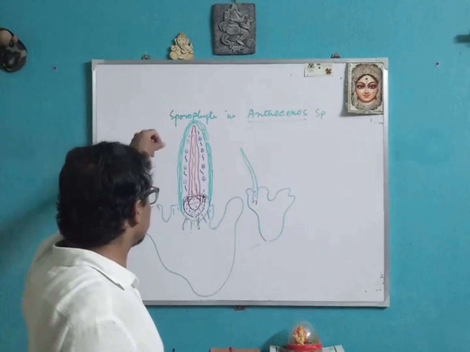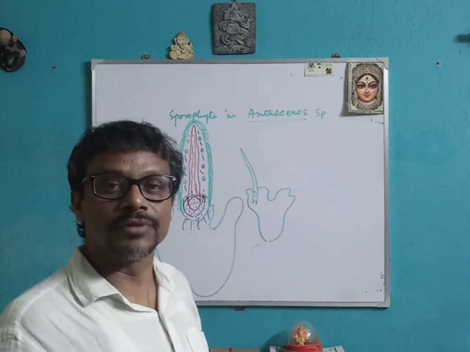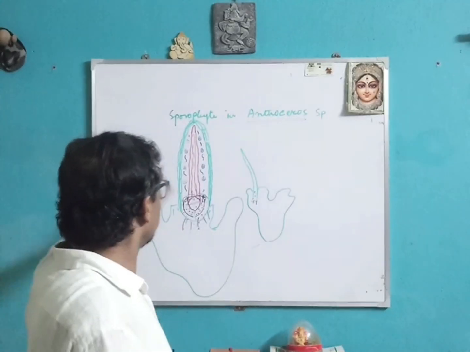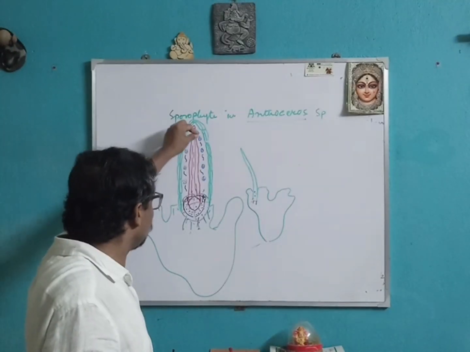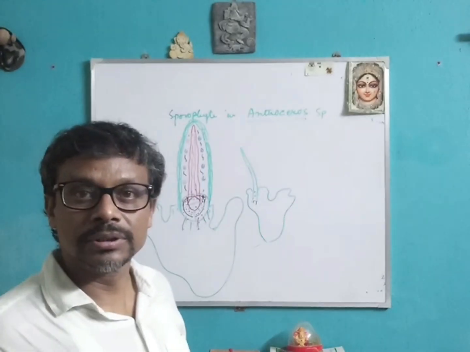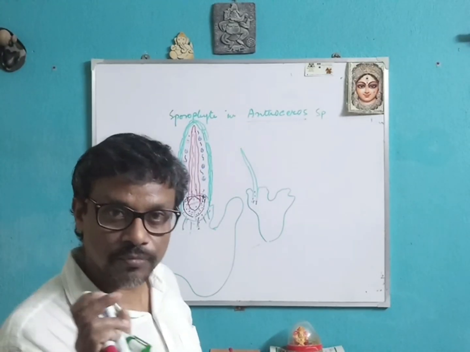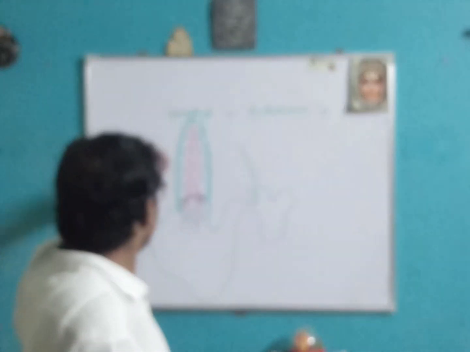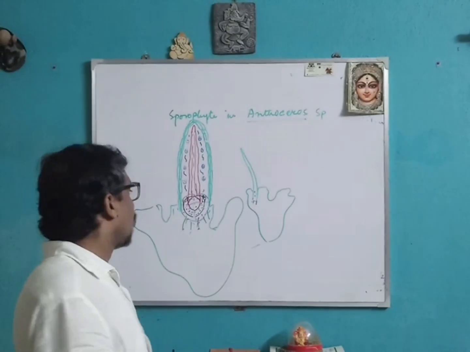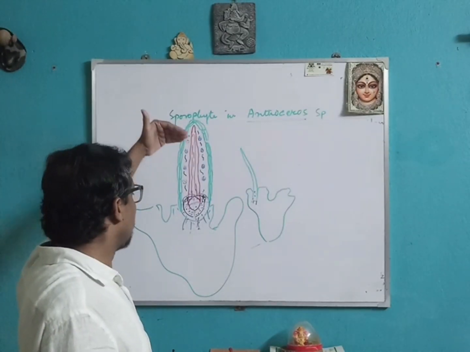Another feature is the presence of stomata. This is a very unique feature, that stomata are found associated with the epidermal portion. Sir, while the practical goes on, we will see the presence of stomata in the longitudinal section of the Anthoceros sporophyte. So these are very advanced features.